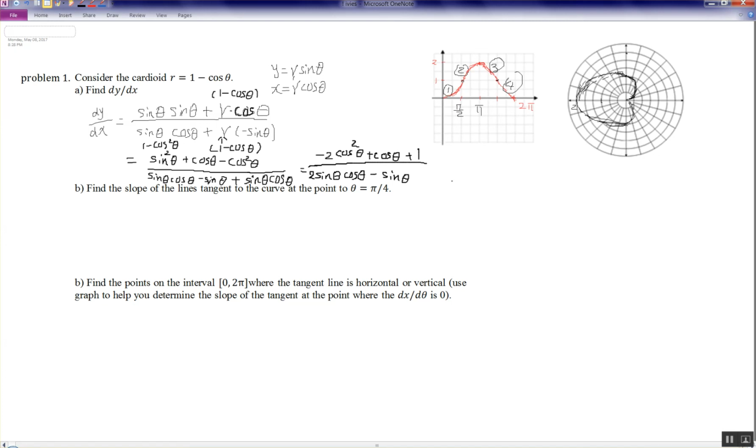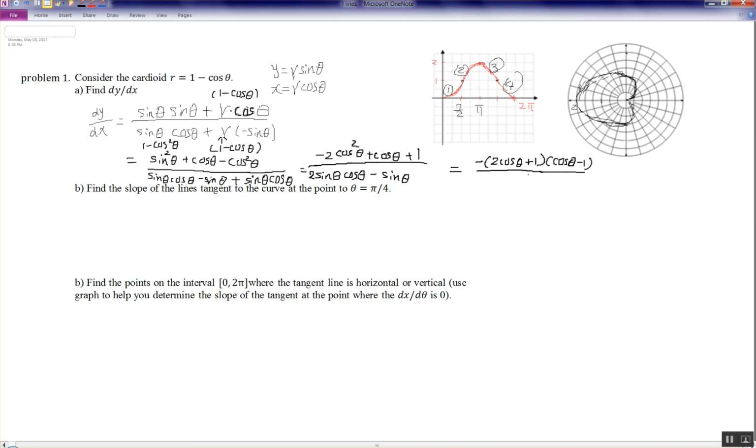Now I know we are going to need some information for part C, so I want to do a little simplification right here. The top you can factor as negative 2 cosine theta plus 1, and then cosine theta minus 1.